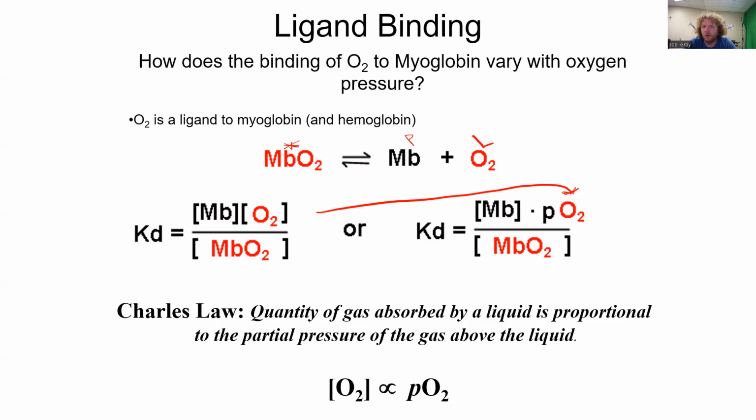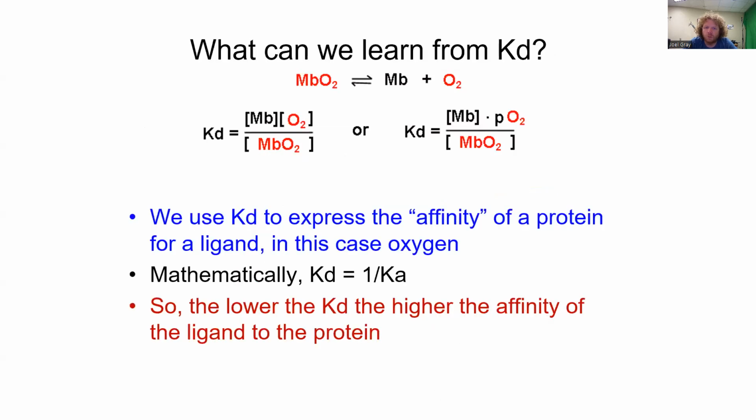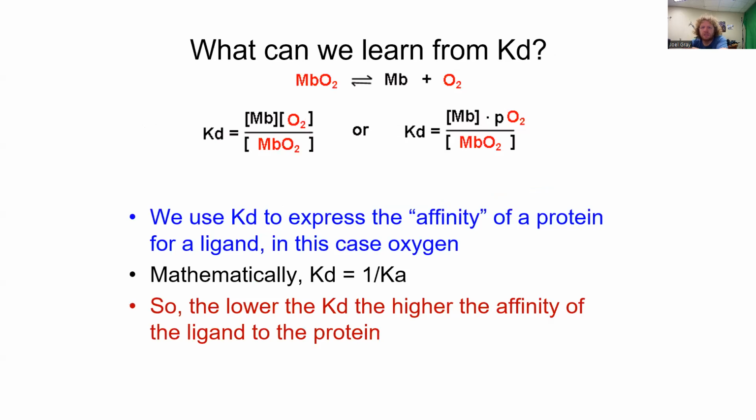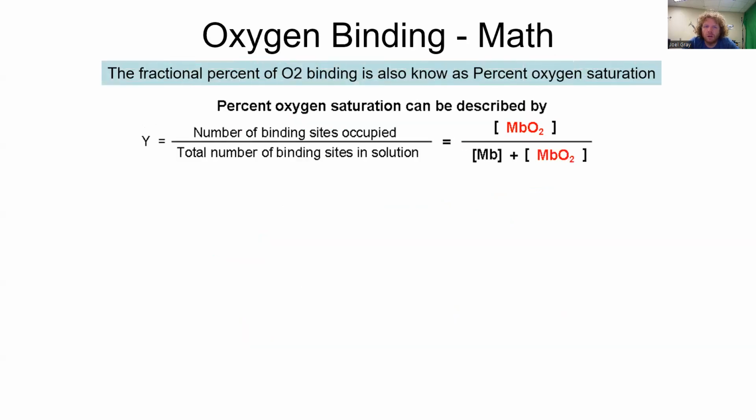We can easily monitor the partial pressure of O2, and therefore we can get something that's equivalent to the O2 concentration. So when we look at this equation and implement it, we're going to ultimately get something that gives us a percent saturation.